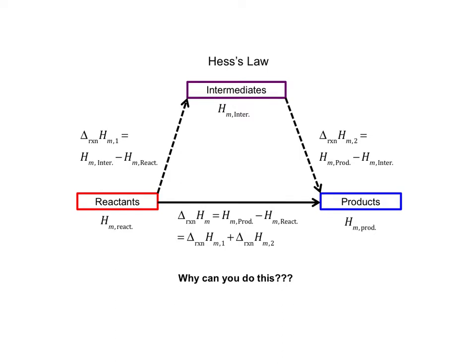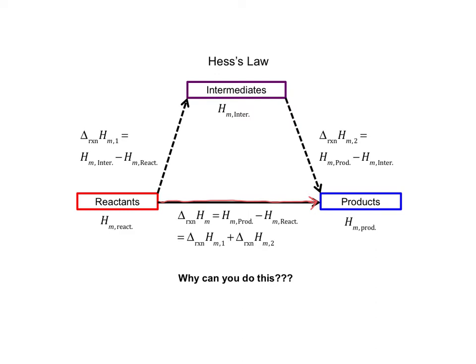So now comes Hess's law. Oftentimes when we work with these reactions, they don't just go from reactants to products directly along this direct path. You learned in organic chemistry how there are intermediates of reactions.